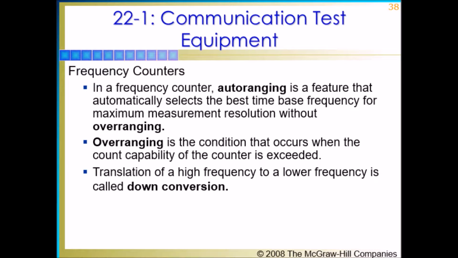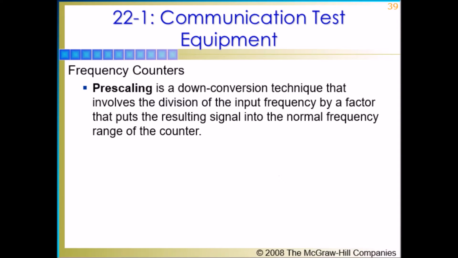All the techniques for measuring high frequencies involve a process that converts the high frequency to a proportional lower frequency that can be measured with conventional counting circuitry. This translation of the high frequency to the lower frequency is called down conversion. Prescaling is a down conversion technique that involves the division of the input frequency by a factor that puts the resulting signal into the normal frequency range of the counter.